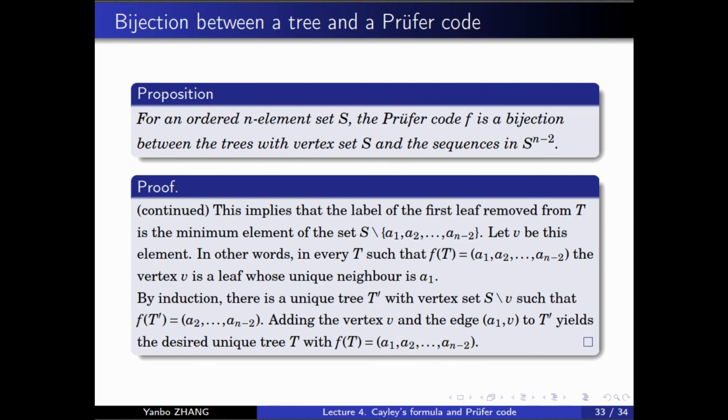So it's the minimum element from the set S minus a1, a2, a(n-2). So let V be such an element. In other words, in every T such that F(T) equals a1, a2 to a(n-2), the vertex V is a leaf whose unique neighbor is a1.